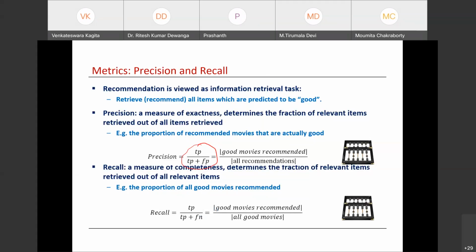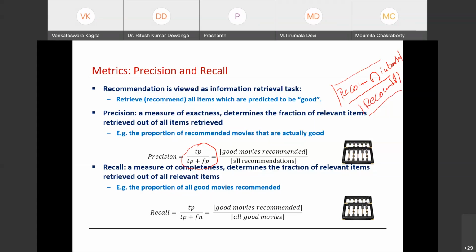So you can also write it as recommended intersection interested divided by the total number of recommendations. Recommended intersection interested is true positive, and total number of recommendations is true positive plus false positive.